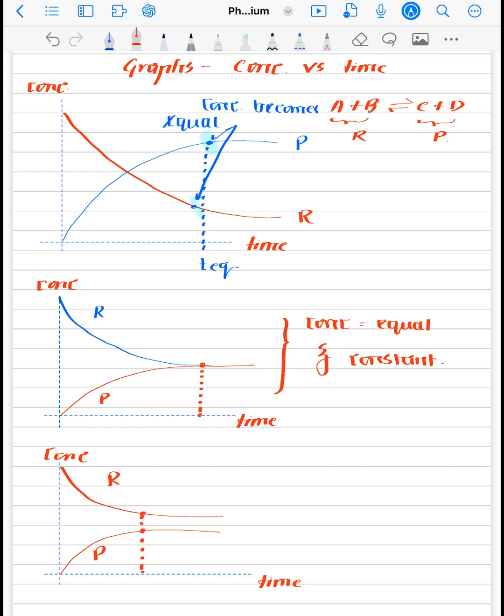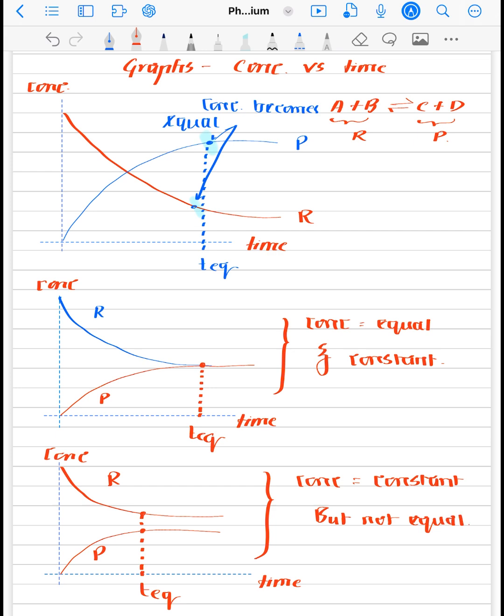Now, let's consider this is a point where we can give it as TEQ, right? So, at this particular point, the concentrations are going to become constant, but they are not equal. They aren't equal anymore, right?